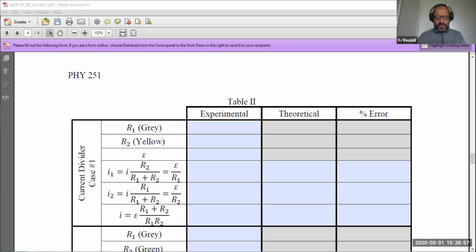So let's talk about GeoGebra because it's important, okay? If you have any more questions about this part, for the fillable form, please ask and we will answer it there. I'm going to stop sharing the screen and pull up my GeoGebra. Let me make sure I have the correct one. Okay.